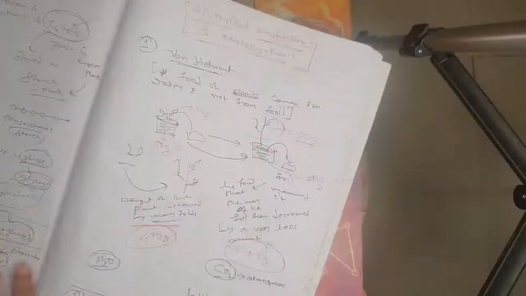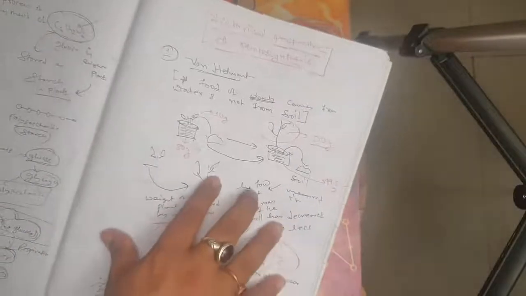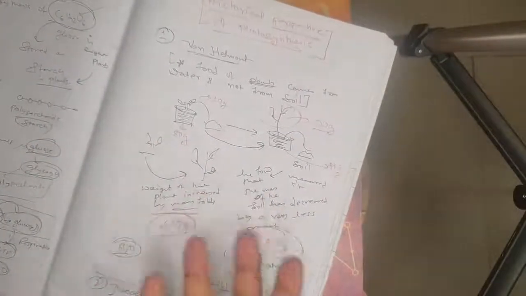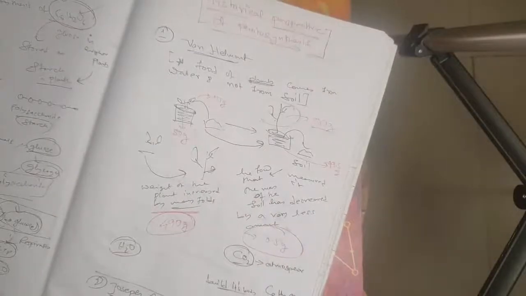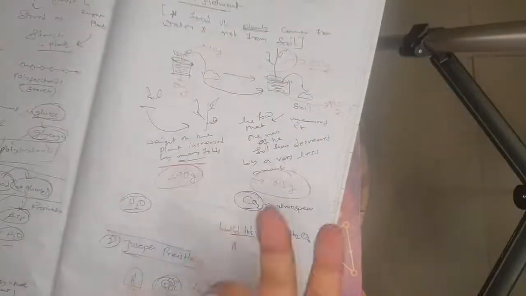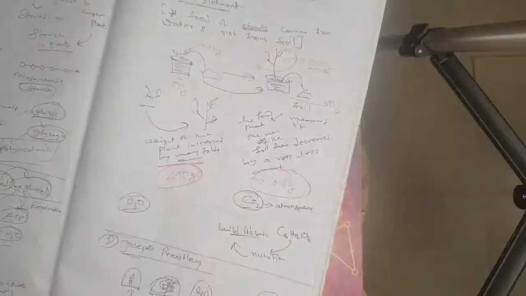First of all, a person says that soil is not the substance which gives nutrition, or the entire tissue mass or growth or food to the plant. I have experimented and I said, if it's not soil, then from where is the mass or the nutrition coming?